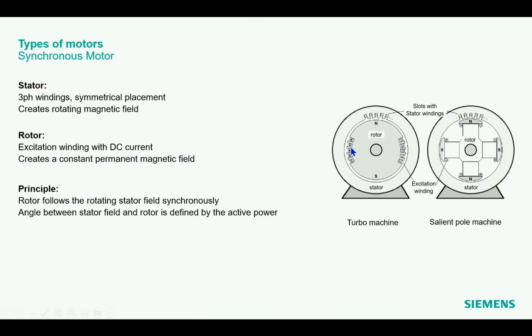Also here, the rotating speed depends on the synchronous network frequency, basically, and also on the number of pole pairs. The more pole pairs we have, the slower is the rotor. Here we see an example of a salient pole machine. So salient pole because we have here these noses, and here we have the windings around these noses.